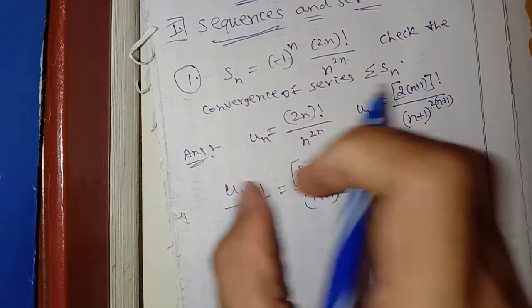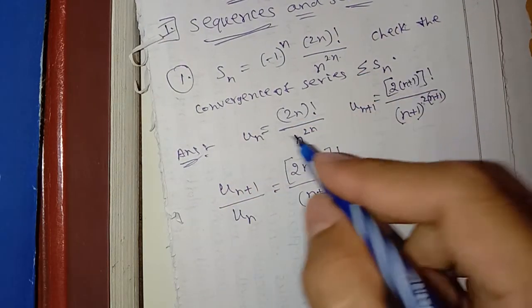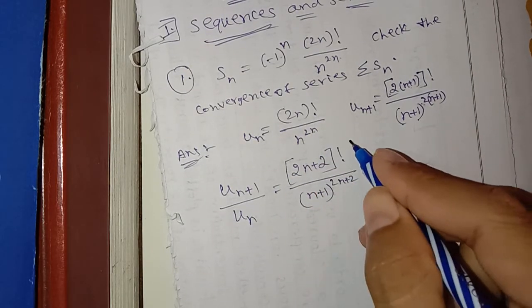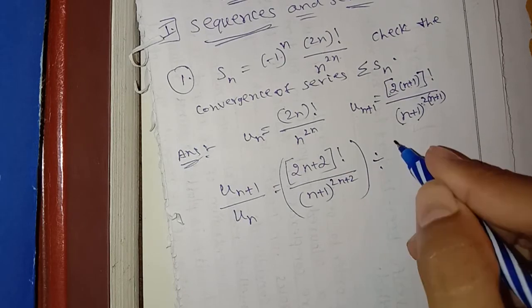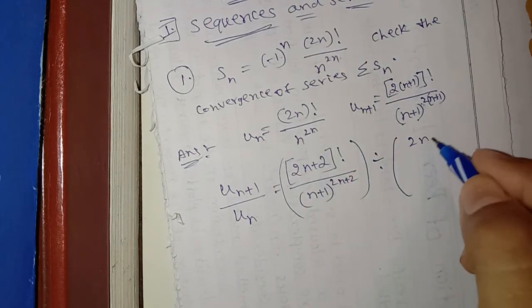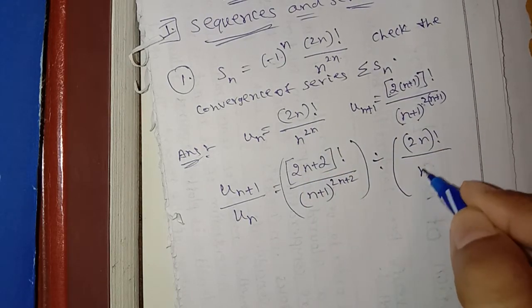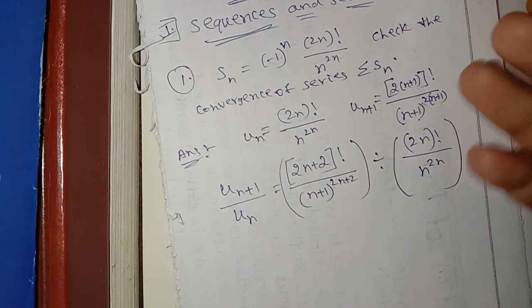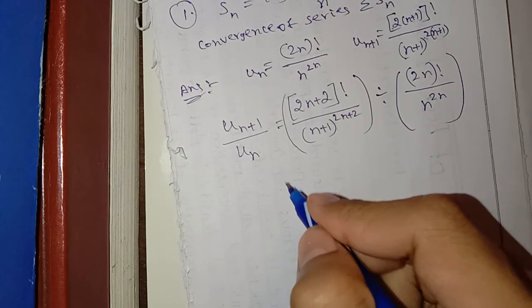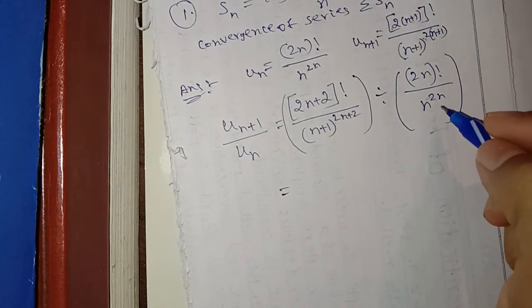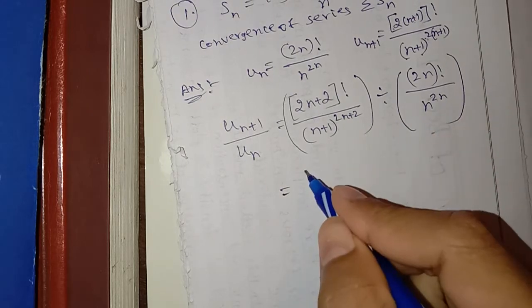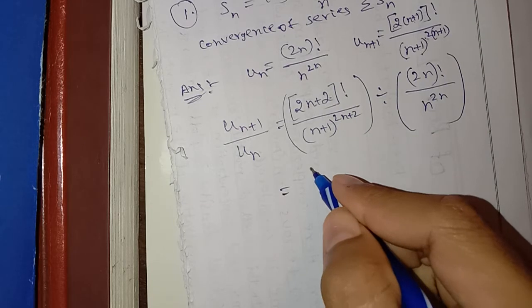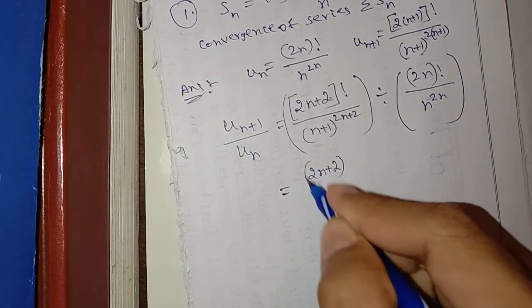Now un+1 divided by un, where un is (2n)! divided by n^(2n). We can write (2n+2)! as (2n+2) into (2n+1) into (2n)!.